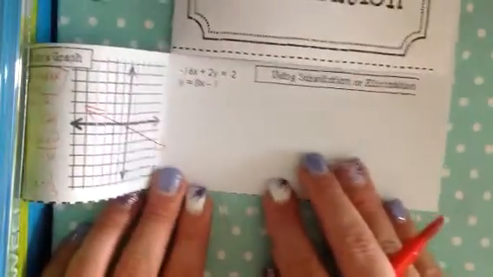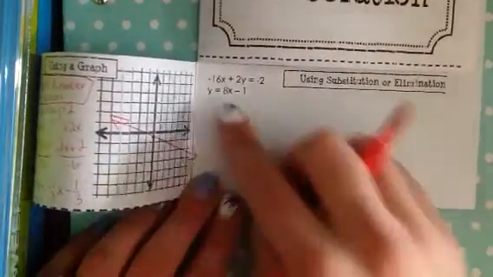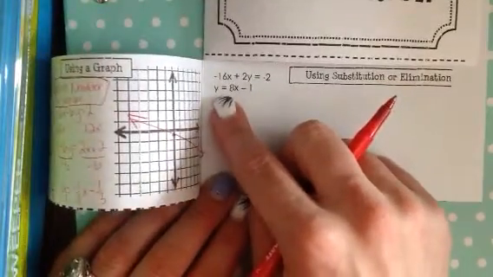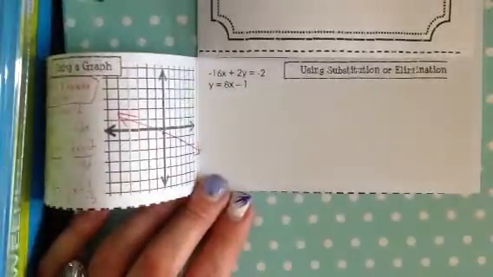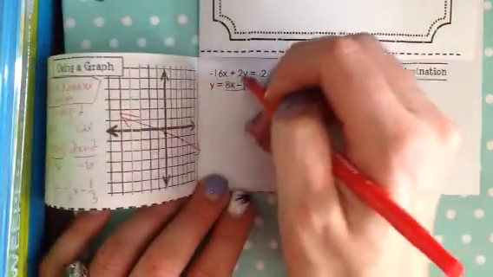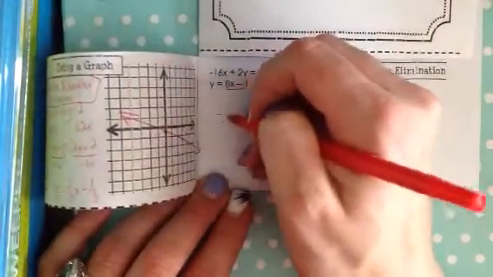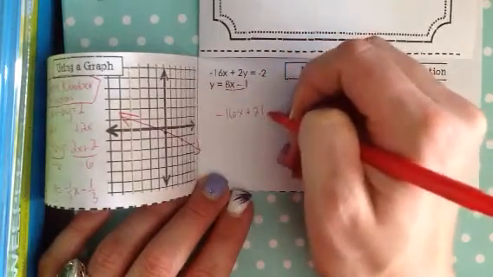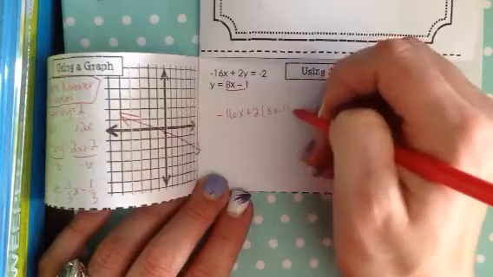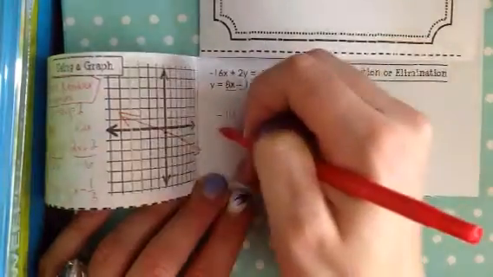Let's see how this looks when using substitution or elimination. Because my second equation here already says y equals 8x minus 1, I'm going to use substitution on this one. So I'm going to substitute this into my first equation. Negative 16x plus 2 times 8x minus 1 equals negative 2.